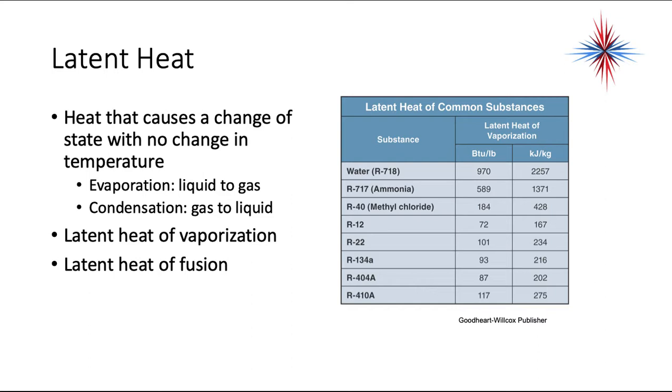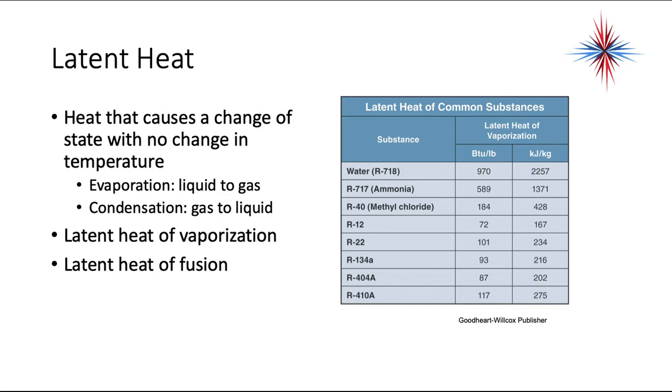Okay, so when we're talking about the three states of water, we have ice, we have water, and we have steam. So even though the chart doesn't show it, okay, we have 32-degree ice and I can have 32-degree water. The difference is the latent heat.